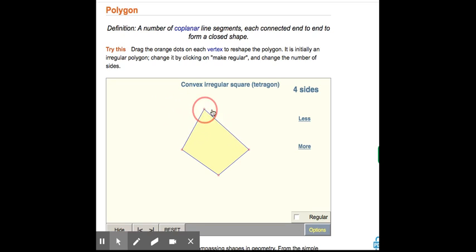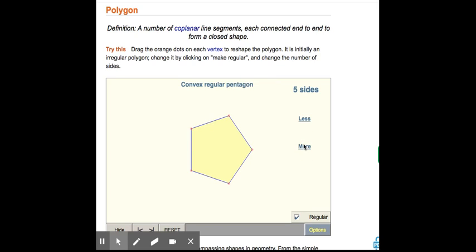If you move this around, now we have a concave irregular square. And you can see that this angle here has become greater than 180 degrees. Okay, I can move this around. Now we're back to a convex quadrilateral. And if I click regular, it's going to bring me back to a square.